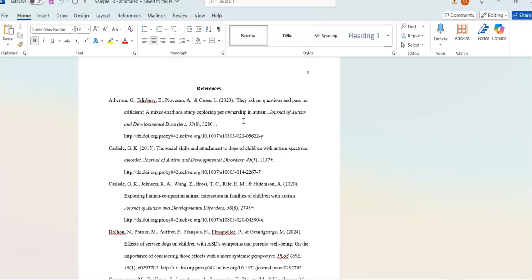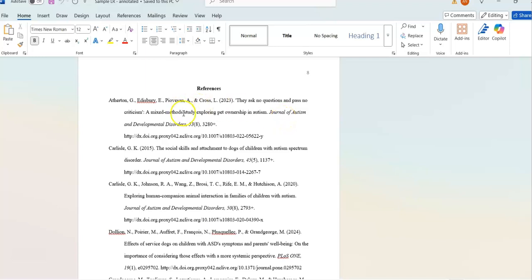Another problem I saw was not using sentence caps for the article title. Article titles on the reference page for APA use sentence capitalization case, and there are no quotation marks.